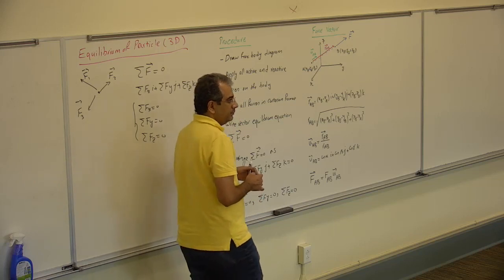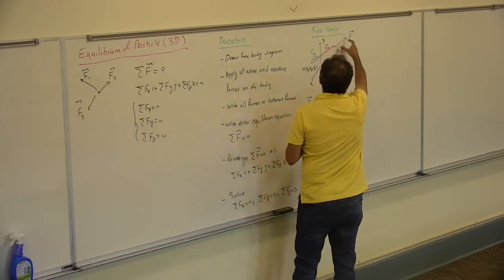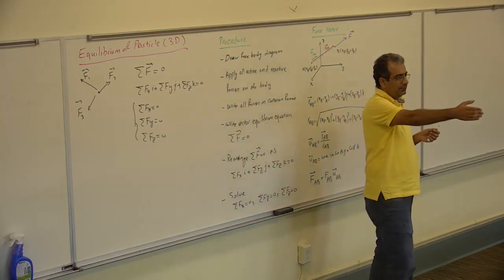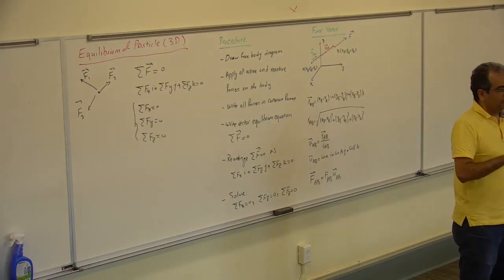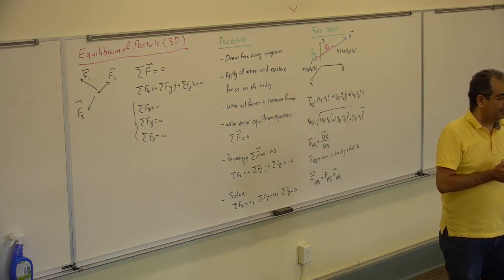That final equation doesn't make sense to me. It was the magnitude, remember, times the unit vector. For example, if the force is in the x direction, it's this magnitude times i. So it's always the magnitude times the unit vector in that direction.